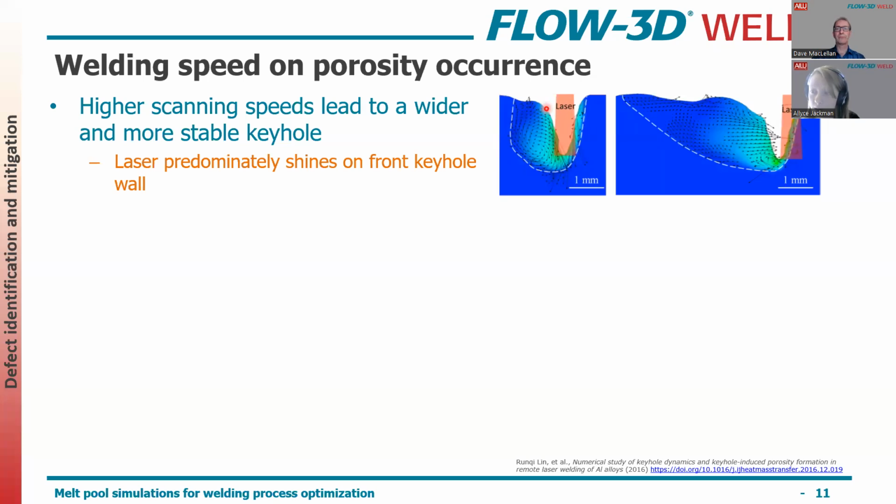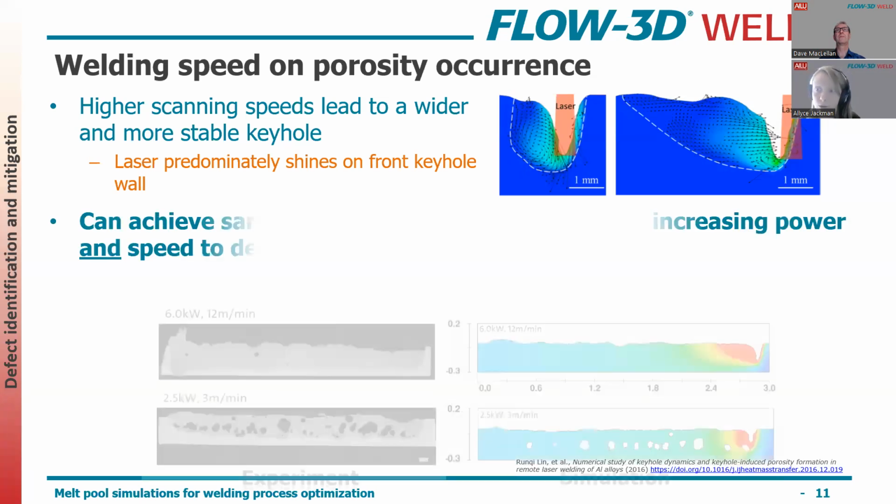So conversely, if we look at the previous case, we have this very narrow melt region, narrow keyhole, and then the laser is shining both on the front and the rear keyhole wall. So that's just a fundamental about this process that they could leverage to get rid of that porosity.